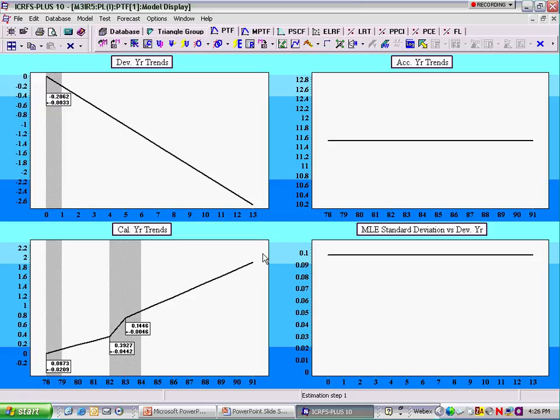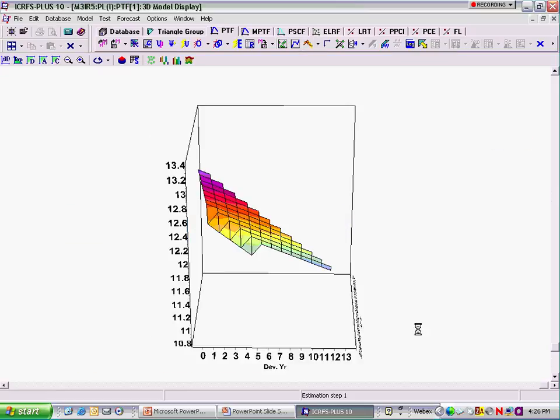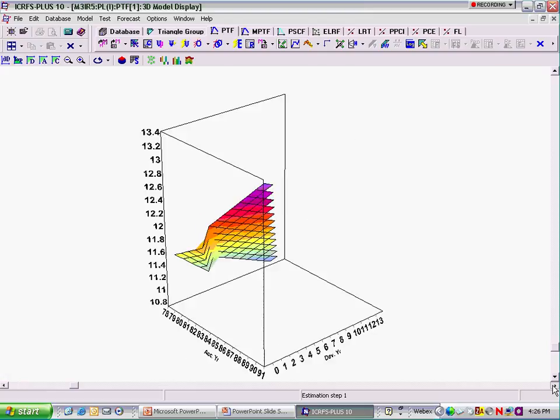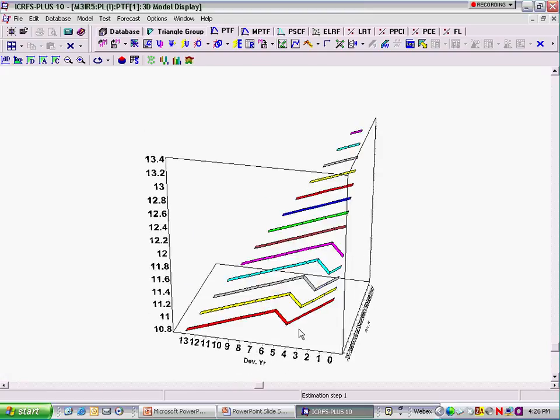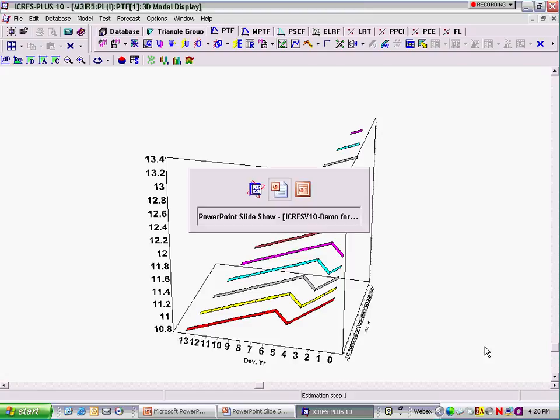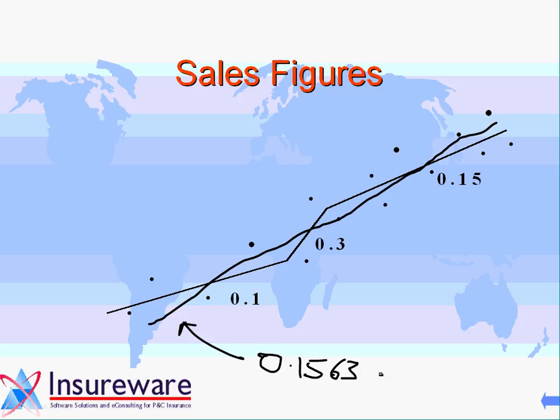Any 3 of the pictures on their own are meaningless. If you want to look at the model display in 3 dimensions, you'll see something you saw in the PowerPoint display. You notice now that the calendar year trends project in the other 2 directions, and this is the same as what we have here.